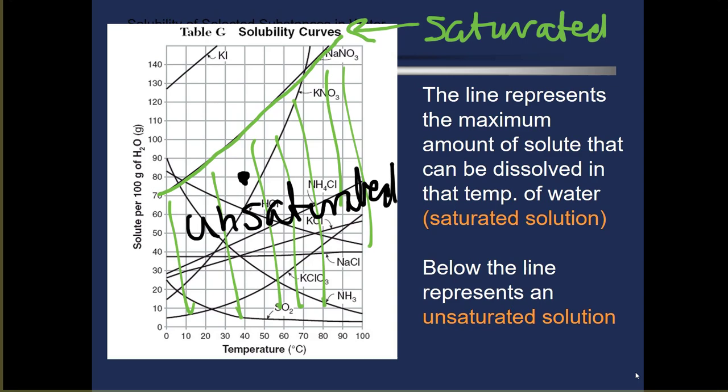How much more sodium nitrate could you put into this solution at that point? Well, you could make a little measurement. So here is 80, and if I go all the way up to that saturated line, that would be about 105. You would just take 105 minus 80 to figure out that you would need 25 more grams to make that unsaturated solution saturated.